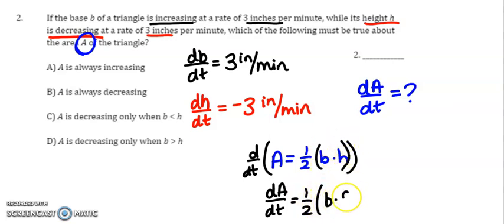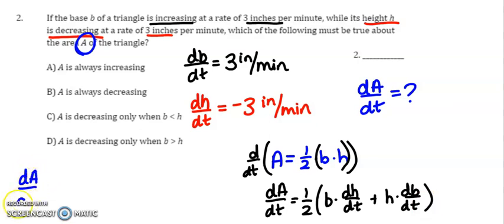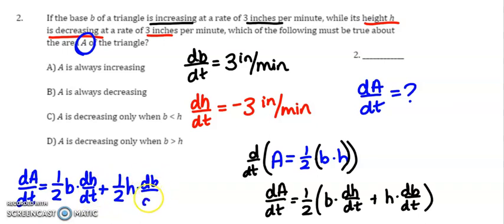So first times the derivative of the second plus the second times the derivative of the first, which means that dA/dt, the rate of change of the area, is equal to 1/2 b times dh/dt plus 1/2 h times db/dt.